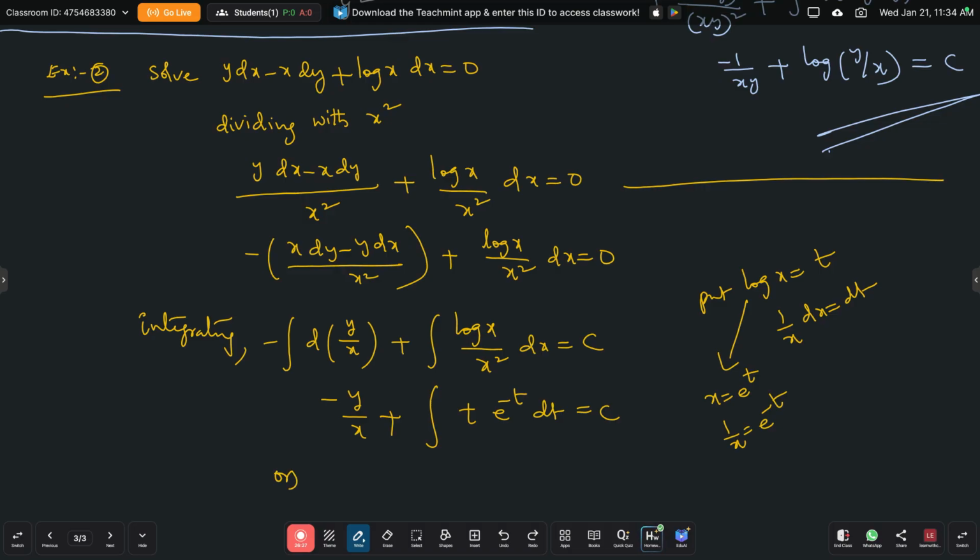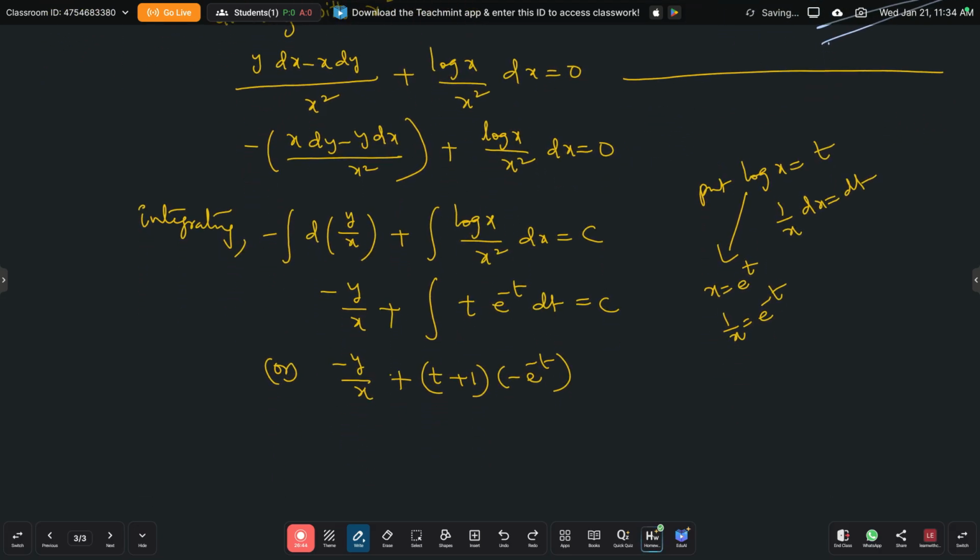Or, this can also be written, using integration by parts for the second term, as minus y by x plus (t minus 1) into minus e power minus t, that is minus of (t plus 1) into e power minus t. That is our integration by parts formula, equal to c. Again, what is our t value?